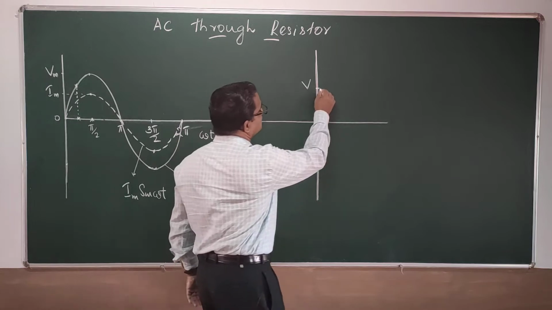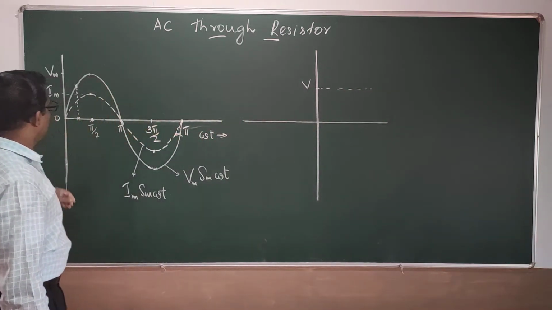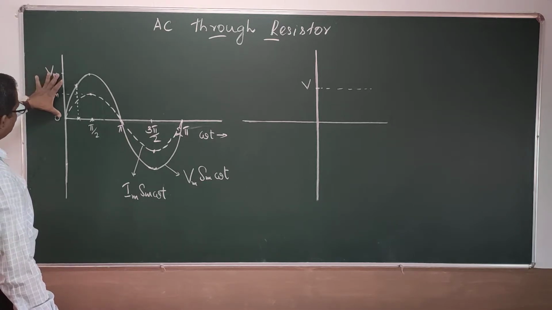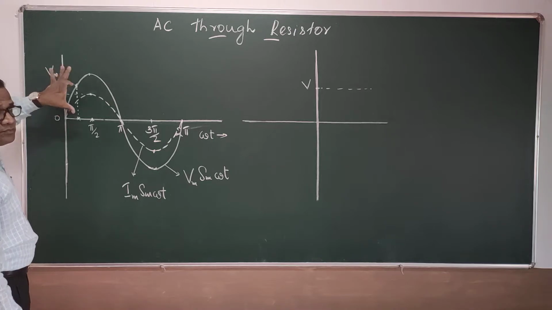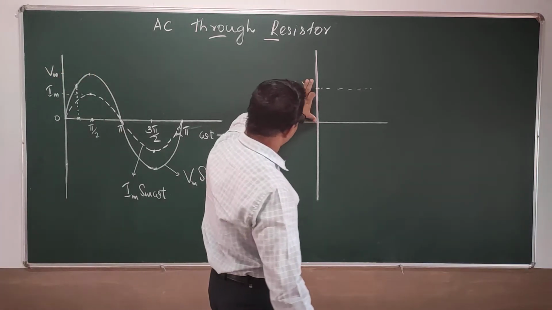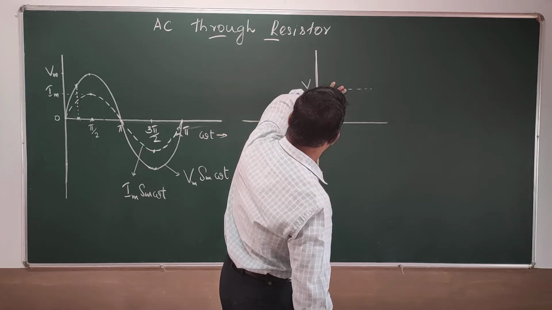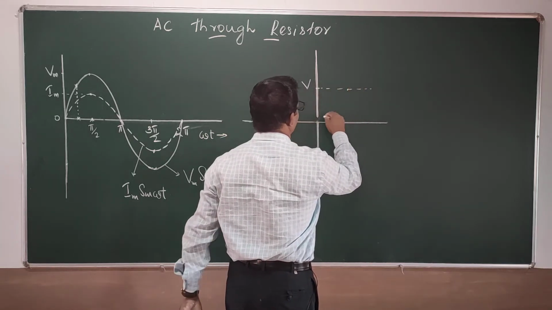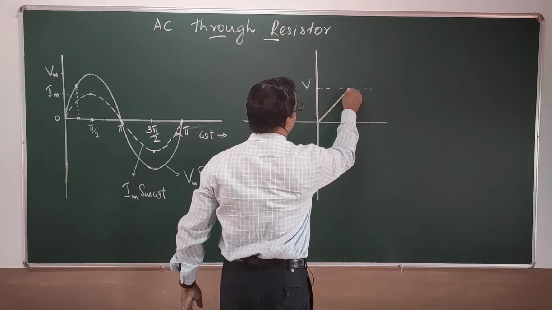Then this V is represented in terms of Vm. I measure Vm, keep it over here and rotate it till it meets at this particular point. So I draw a line.